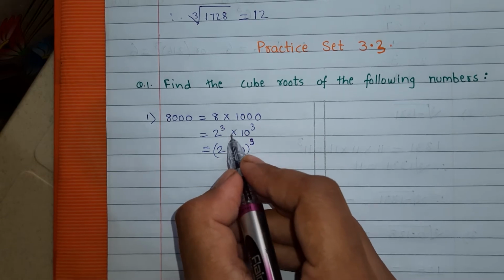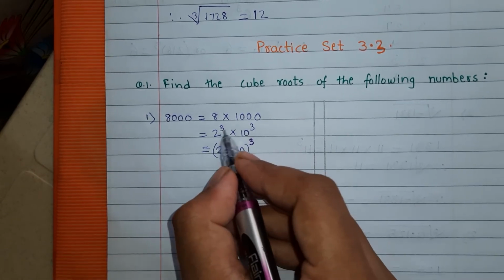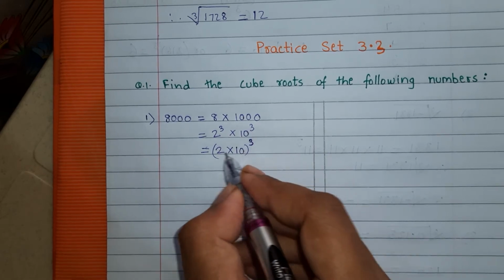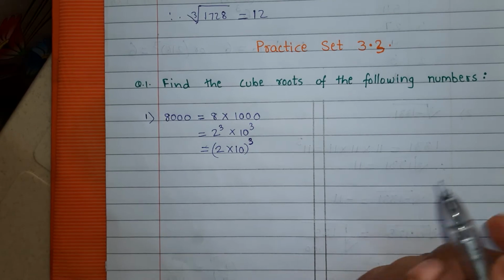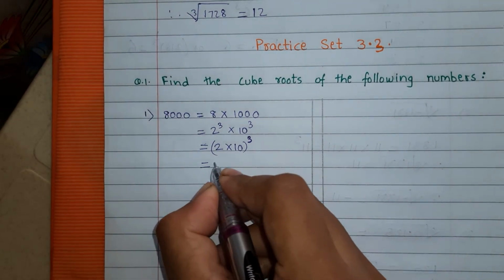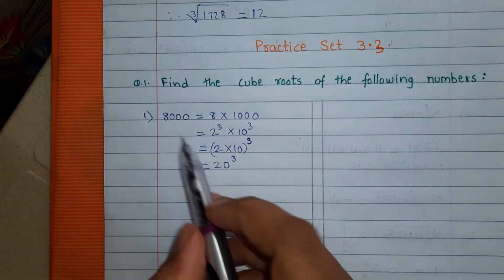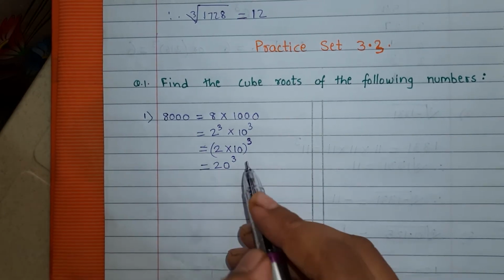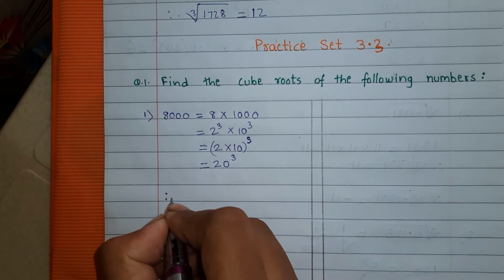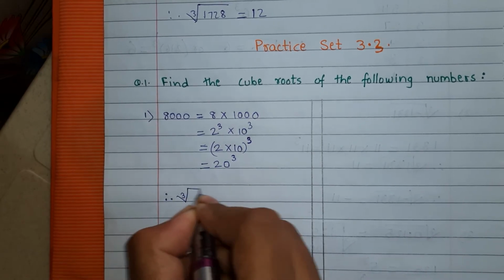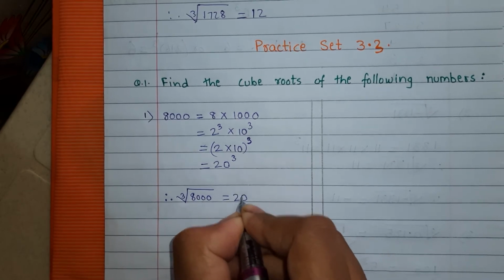Multiplication is there, two different bases are there, but the power is the same. So we can combine the bases and write the power only one time. Now 2 into 10 is 20 and this cube means 8000 is the cube of 20. Therefore, cube root of 8000 is 20.